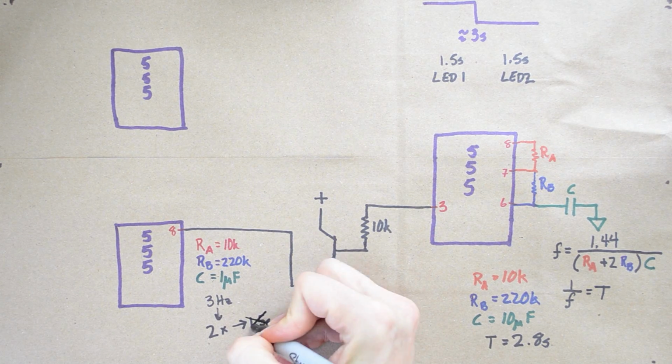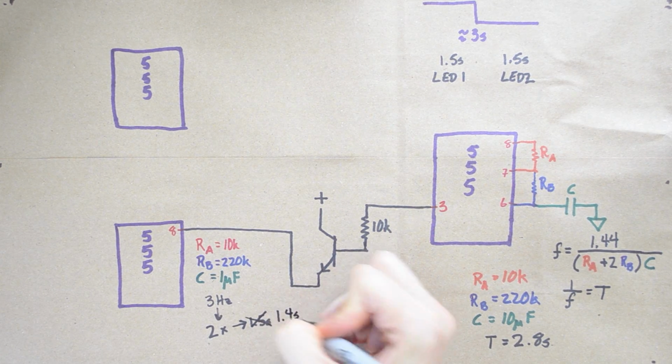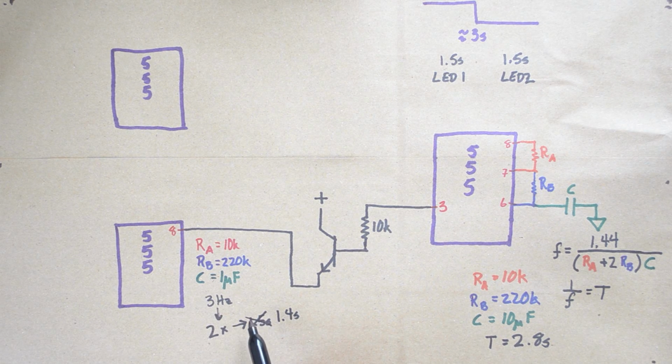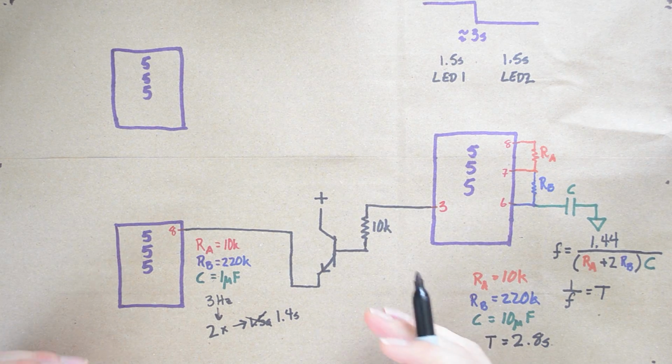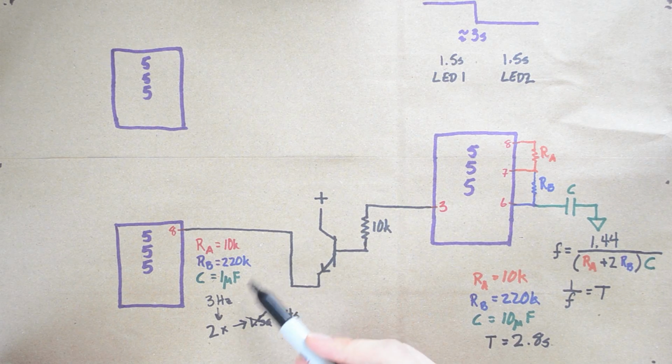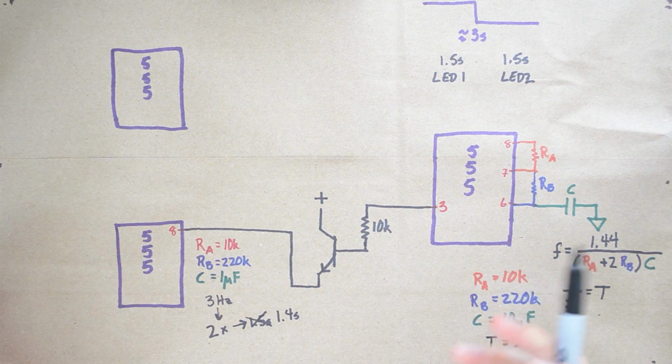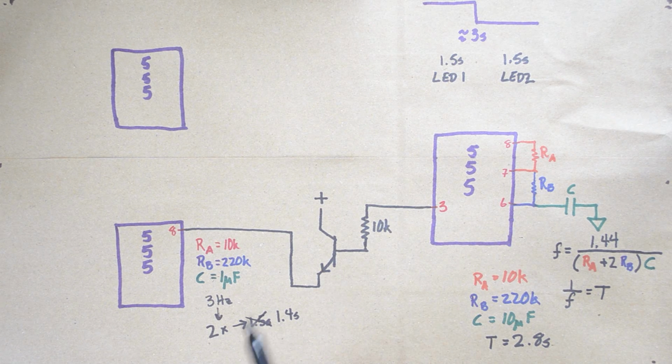So really, I've only got 1.4 seconds to do this. With these values, I'm able to blink the LED twice before that 1.4 seconds of on time is up. So you're going to have to play with these as well. You're going to have to mess with these values in order to get it to fit within a time scale that you want for your particular objective. But it's just a matter of changes.